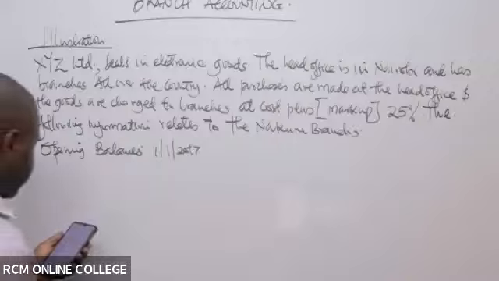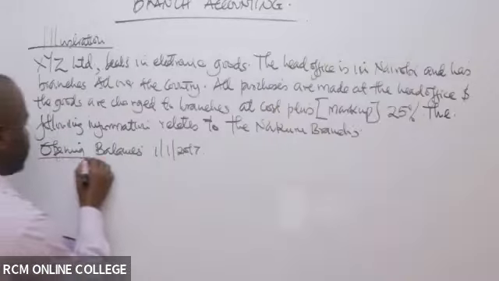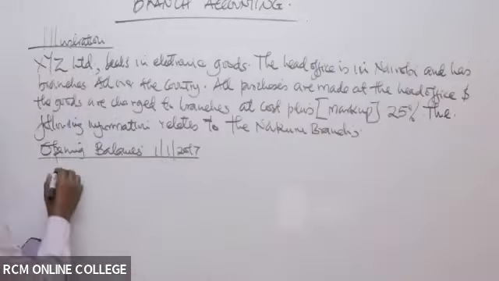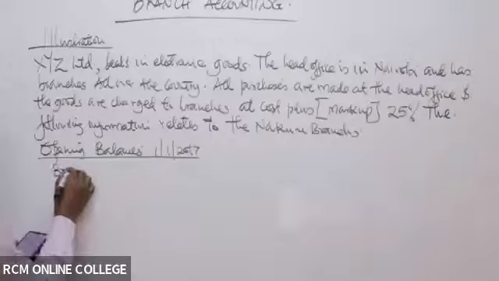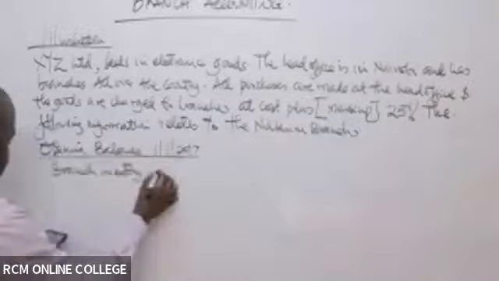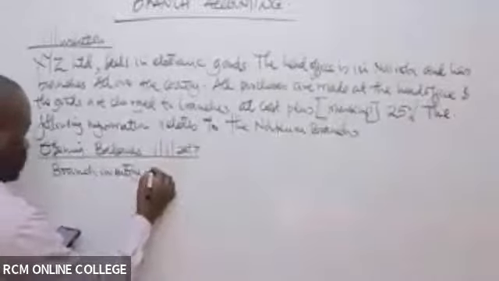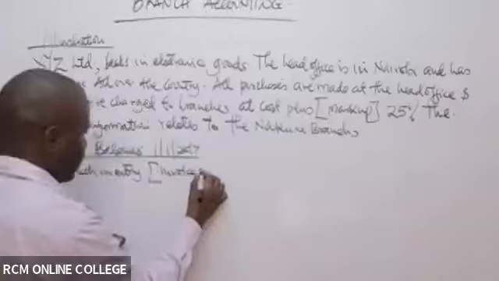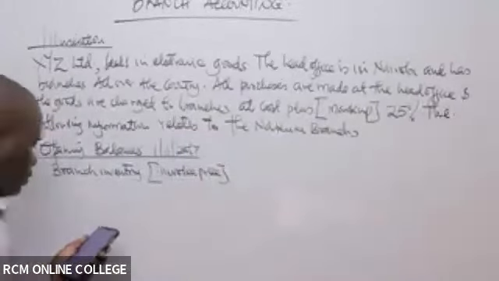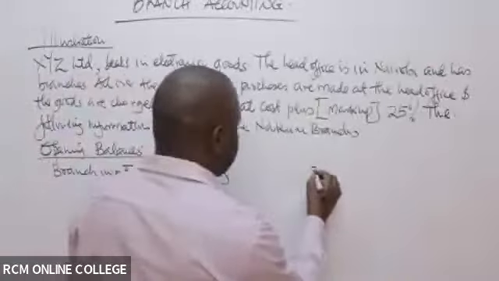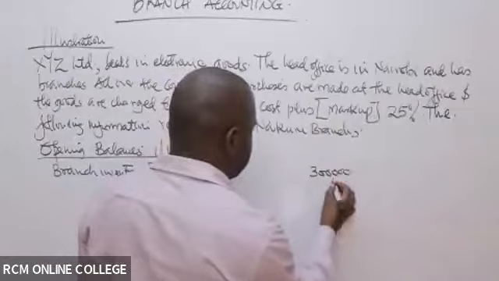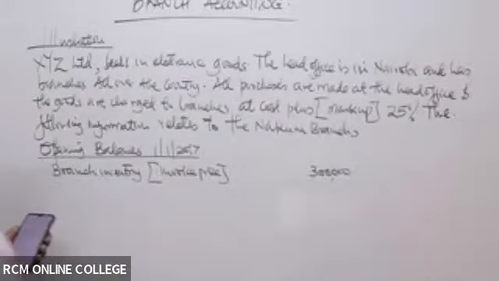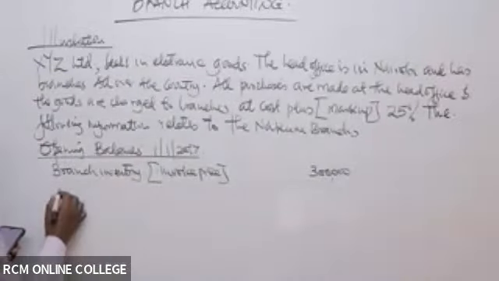One of the opening balances is the branch inventory account, which has a balance at invoice price of 300,000. We have another opening balance, branch debtors.